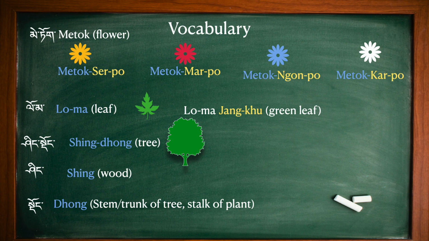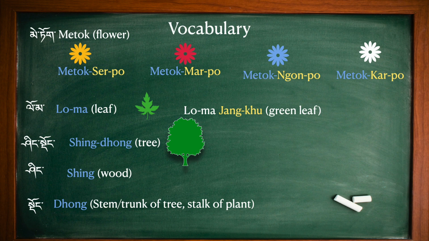The other vocabulary are as follows. Loma means leaf in Tibetan. Green leaf is loma jangku. Tree in Tibetan is shingdong.